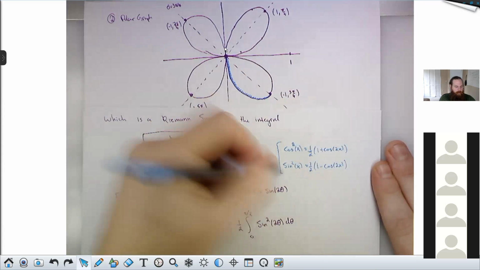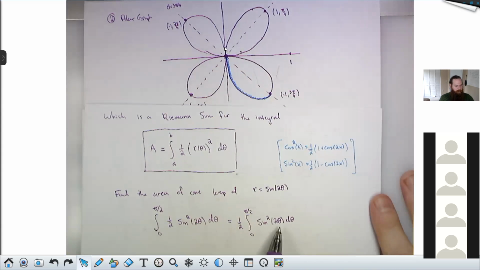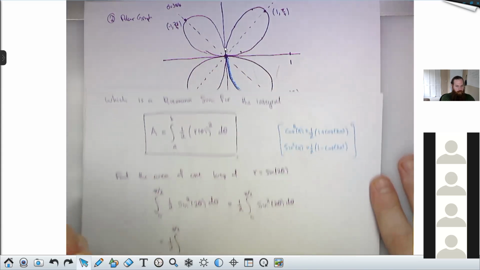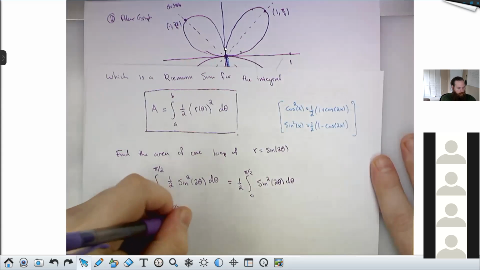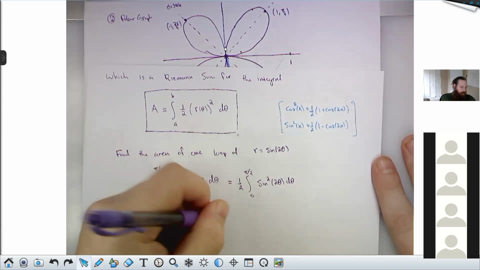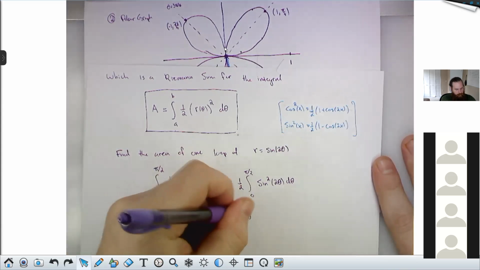So I'll use this identity here. The catch is that instead of an x inside, I've got a 2 theta. So this will be 1/2 the integral from 0 to pi over 2 of 1/2 times 1 minus the cosine of 4 theta, 2 times 2 theta, like that.